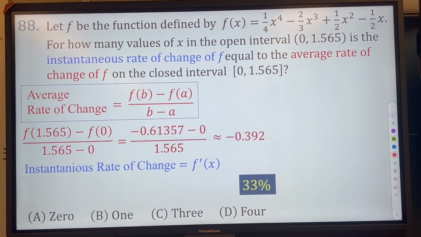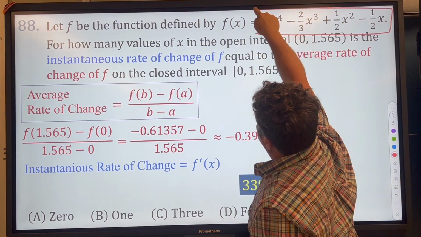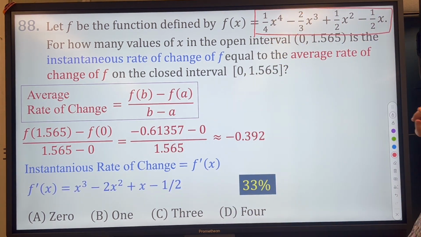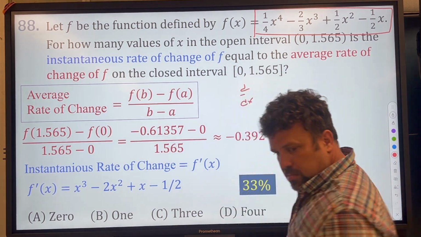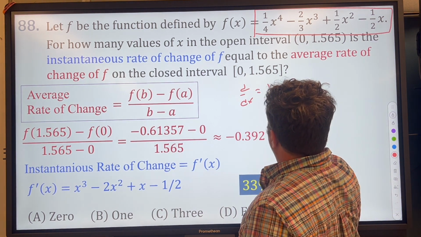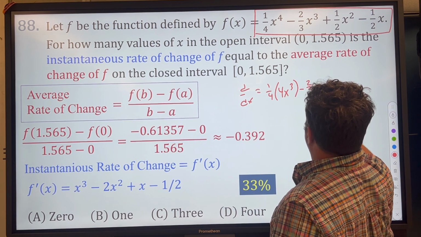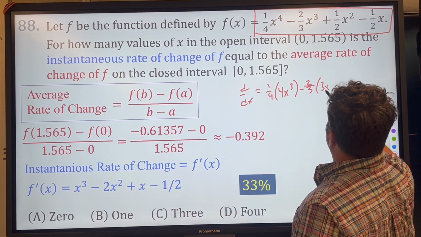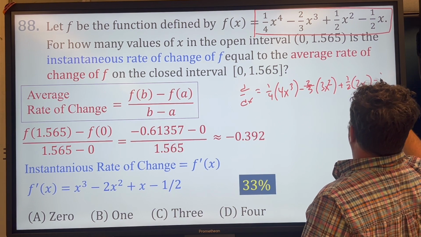Now, instantaneous rate of change is just your derivative. So what you're going to do is you're going to differentiate this. Very simple derivation. You get 1/4 times 4x cubed minus 2/3 times 3x squared plus 1/2 times 2x minus 1/2.